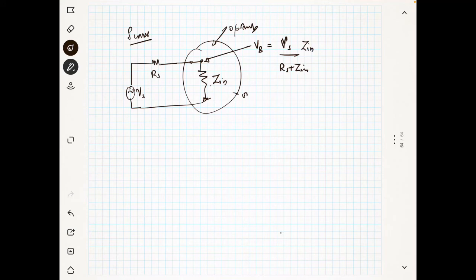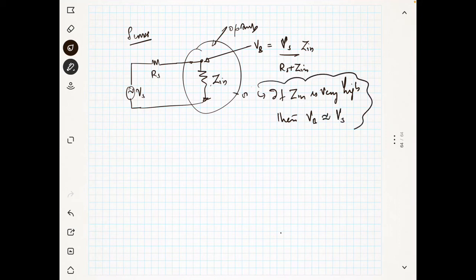If Zin is very high, then Vb is approximately equal to Vs. That's the advantage. If Zin is very low, then Vb will be very small.